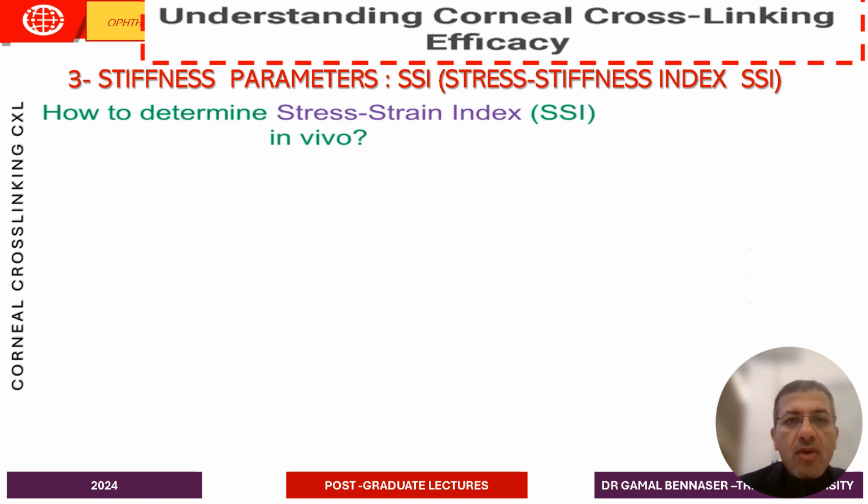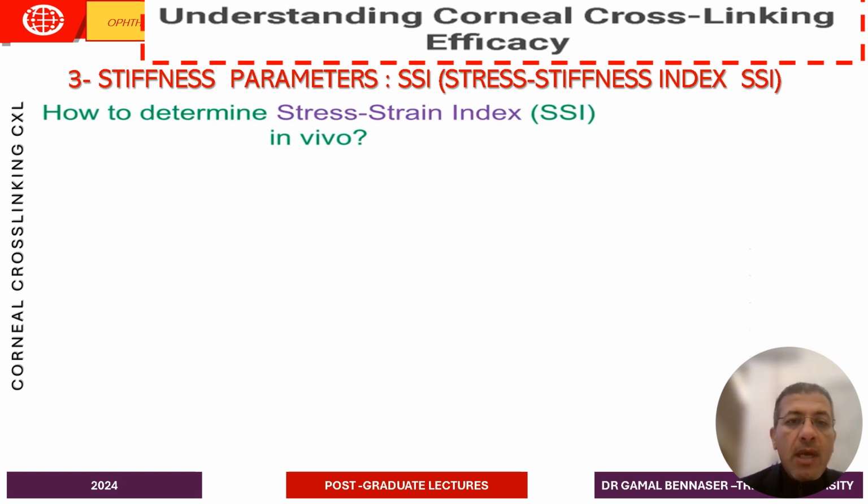Now, as we understood, keratoconus is due to a focal defect in the corneal biomechanics, and doctors could measure the corneal stiffness in vitro in the area of the cone and outside the cone, and demonstrate that there is a difference between the intact cornea and the diseased part of the cornea, that's the cone.